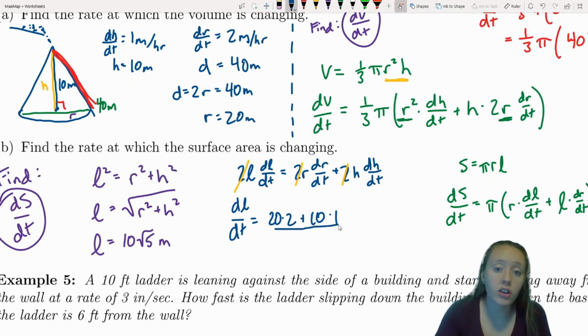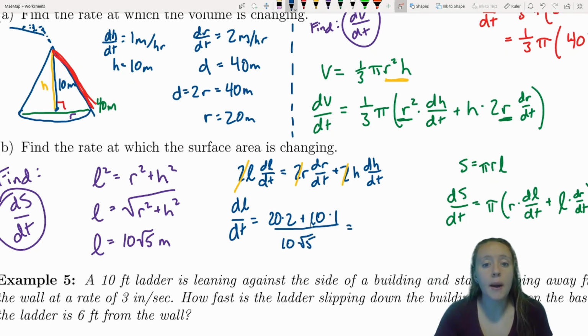and that's going to be all over, if I divide both sides by L, my L was 10 root 5. 20 times 2 is 40, plus 10 times 1 is going to be 50. 50 over 10 root 5 is 5 over root 5, or if I didn't want that radical in my denominator, I multiply everything by root 5 over root 5, which leaves me with 5 root 5 over 5, which is just root 5.